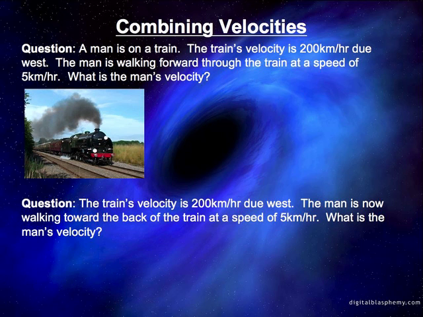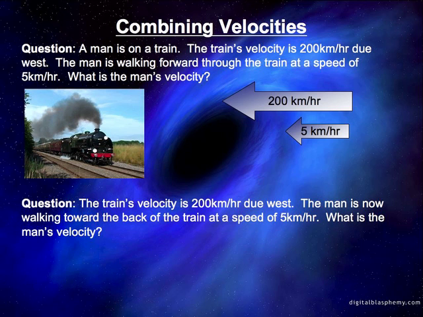So for example, if you have a man on a train traveling 200 kilometers per hour due west, and the person is also walking forward within the train, okay, at a speed of 5 kilometers per hour, what would his total velocity be? That's 205 kilometers per hour due west. He's traveling the same direction.